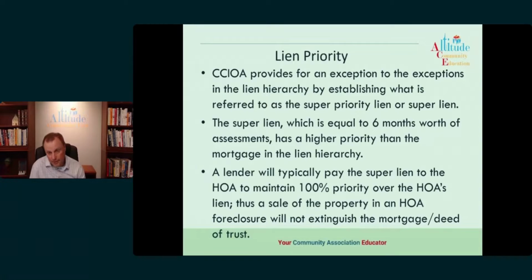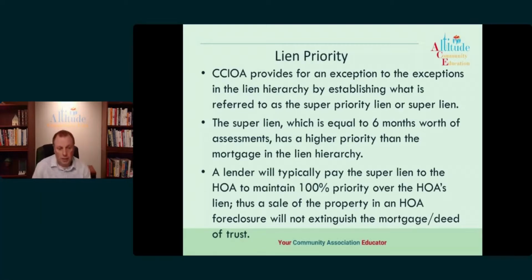Oftentimes the bank is like, look, rather than going through the foreclosure process, spending all this money, presumably getting the property after foreclosure, and then having to figure out what we are going to do, are we going to try and sell it ourselves? I mean, all that costs money, takes time. The bank usually will allow some type of a haircut to settle it with the investor and then be done. And then the investor will either flip it, keep it for themselves, do whatever they're going to do with it. But that's kind of the typical process of what's going on.